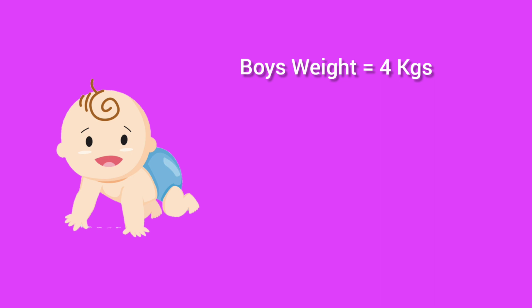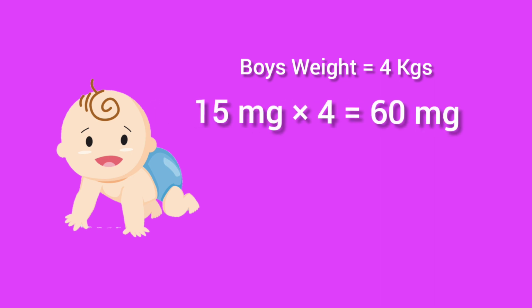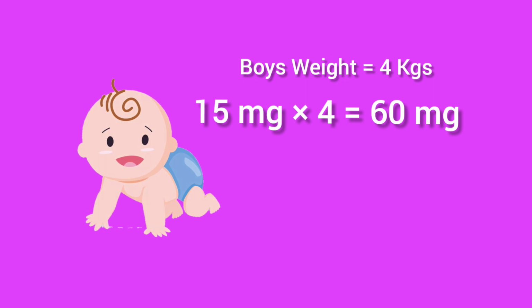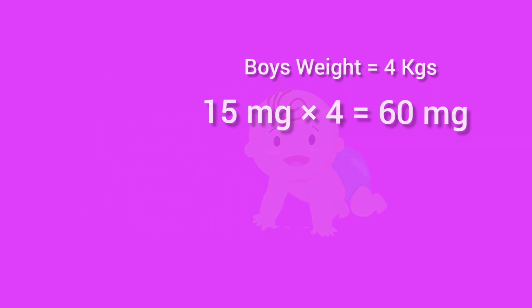Hence, we'll multiply 15 mg into 4, that is equal to 60 mg. Now, our syrup has a quantity of drug of 120 mg per 5 ml. What is the quantity of syrup that we have to consider?